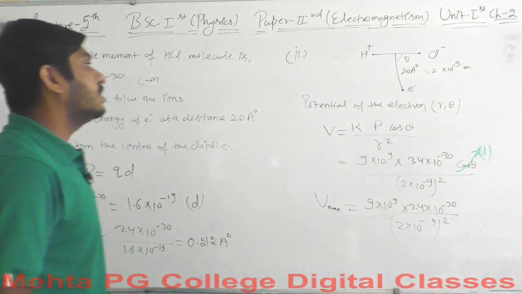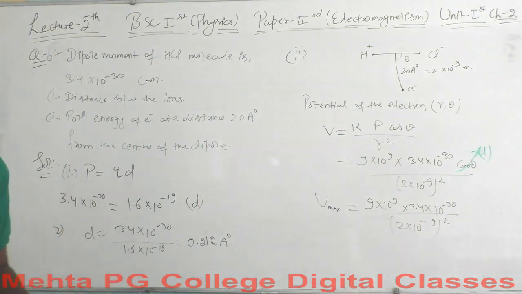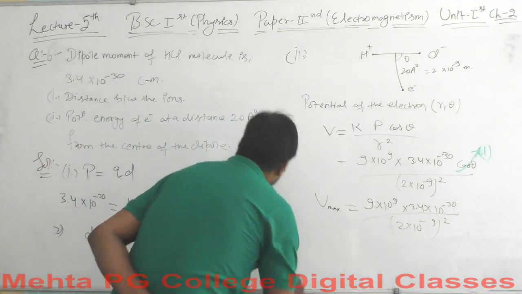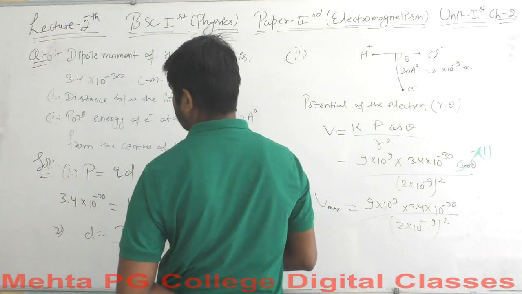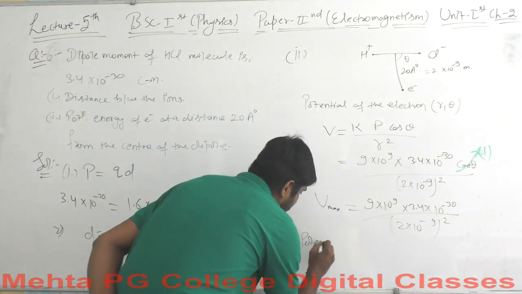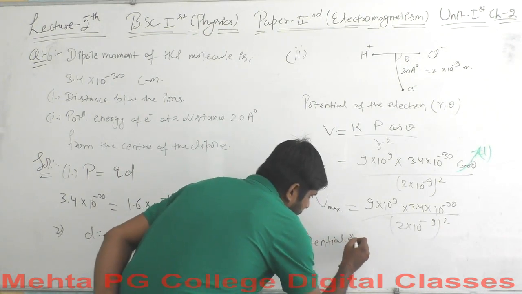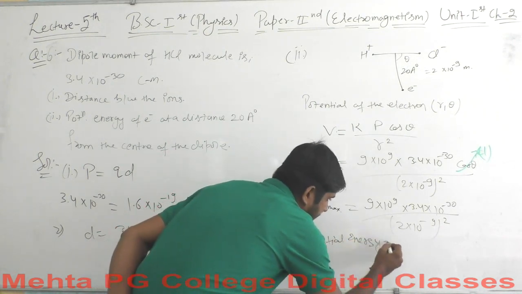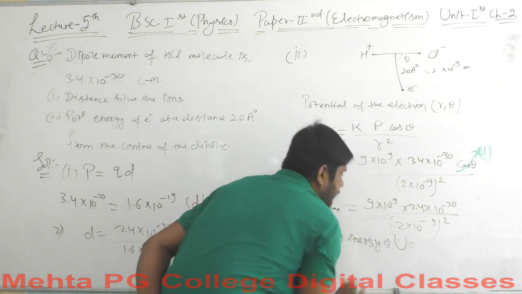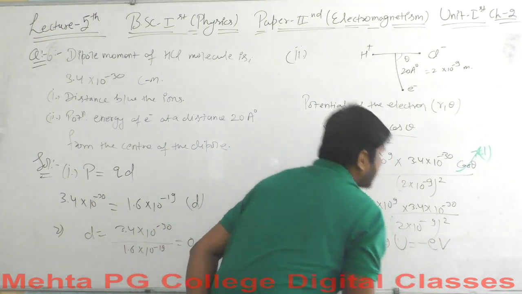So what should be the value of potential energy now? The potential energy will be equal to minus EV for this value. Is there any minus quantity here? No, there is no minus here. The potential energy for the electron is given as U equals minus EV.